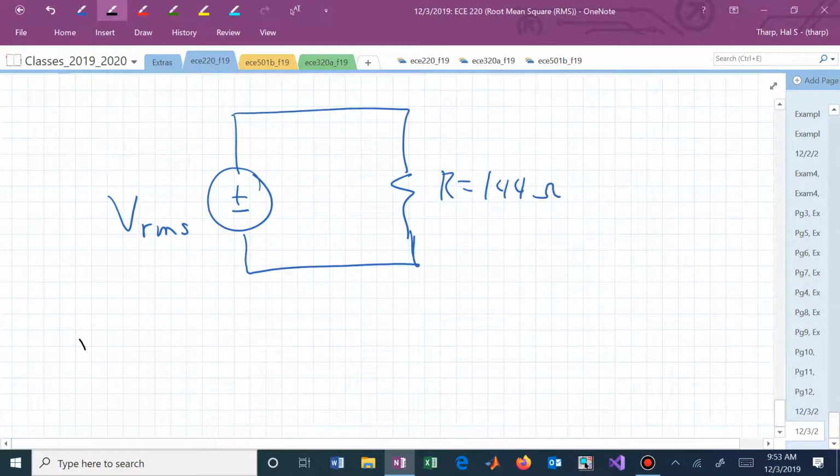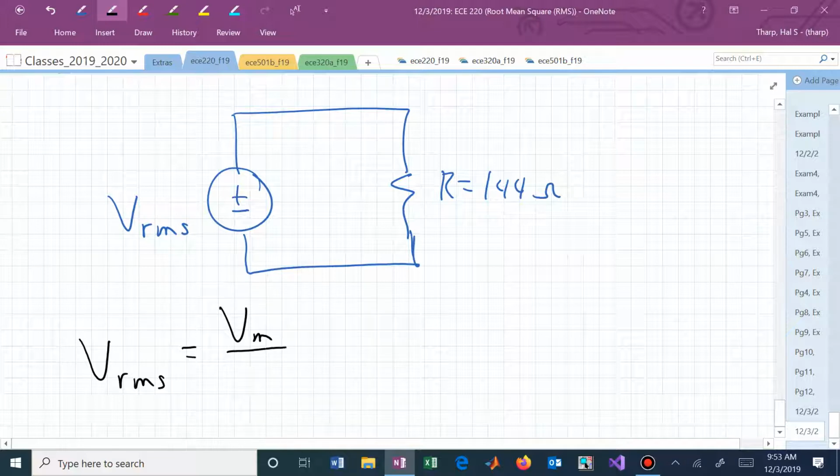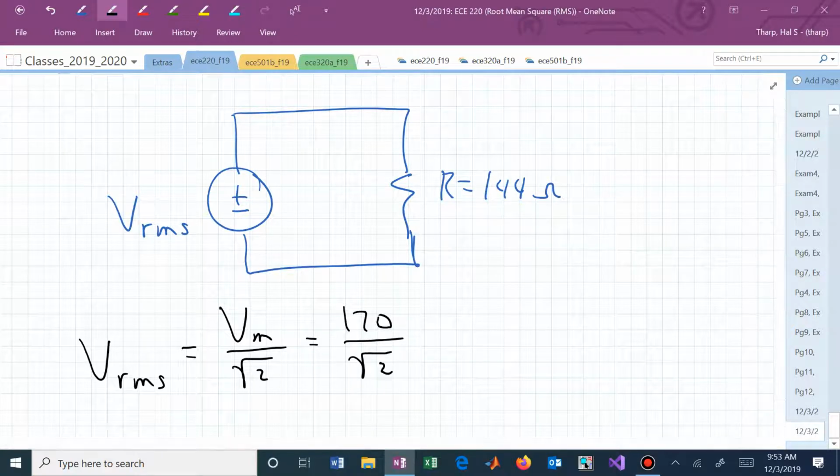And now we can use our tools from the beginning of the class and say, oh, VRMS is V sub m over the square root of 2, where V sub m in that earlier example was 170, and that's actually the amplitude of the voltage that's coming out of the wall in the United States.